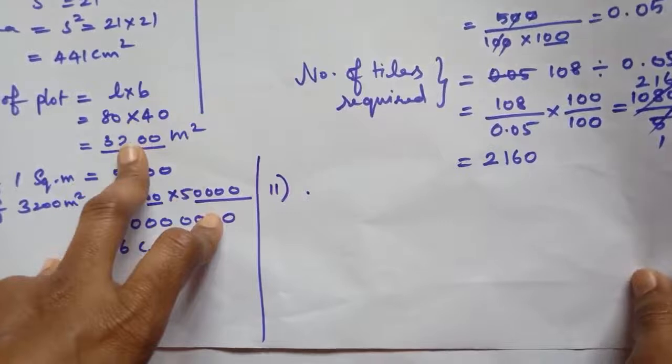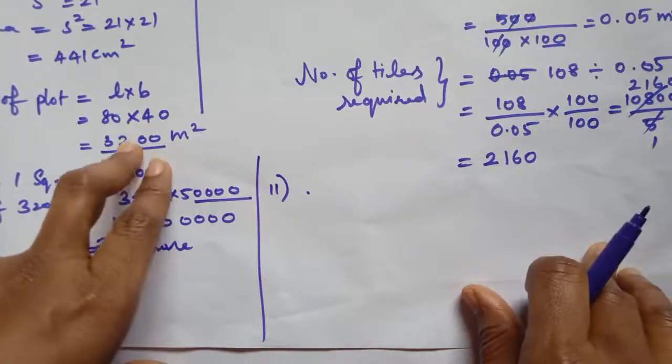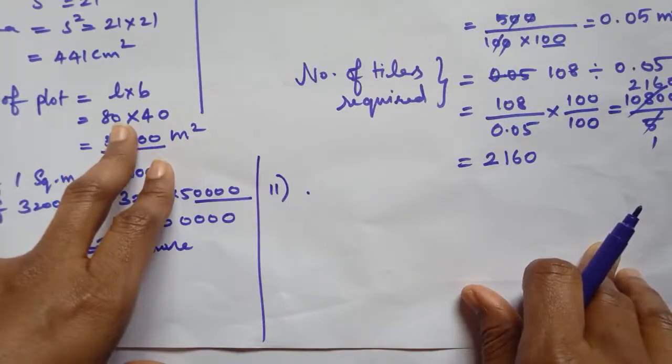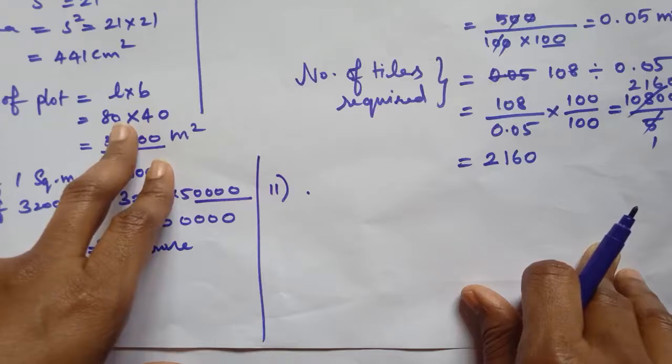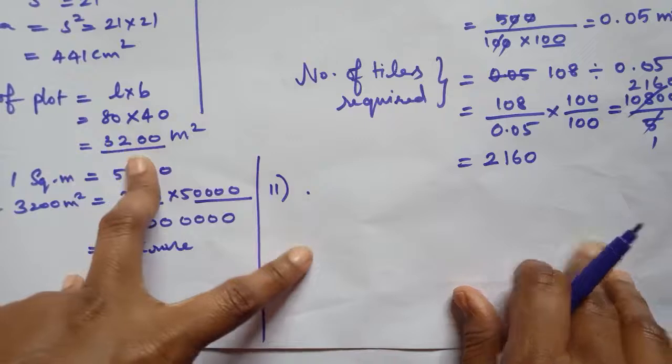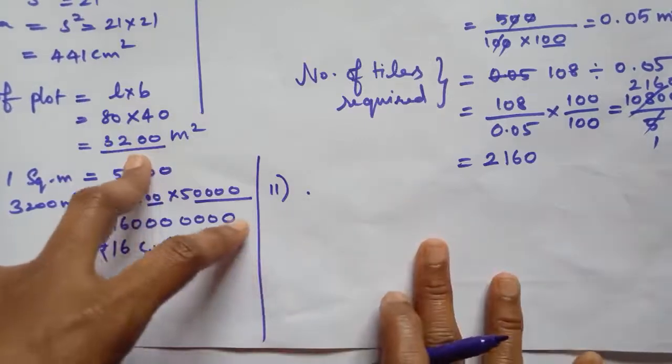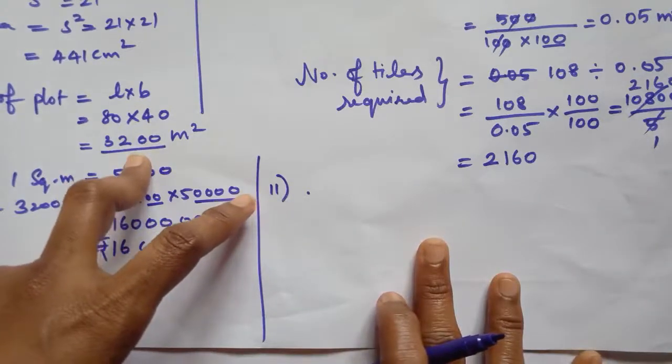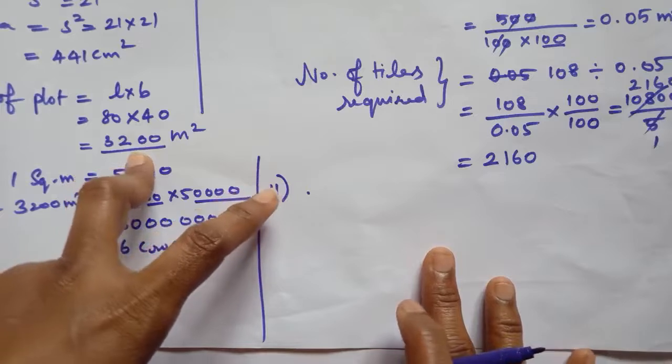Okay, here the figure shown is composed of two squares. The area of the shaded region is 56 square centimeter. What is the side length of the larger square if the side length of the small square is 13 centimeter? Students, listen. For the question, you can read your book.